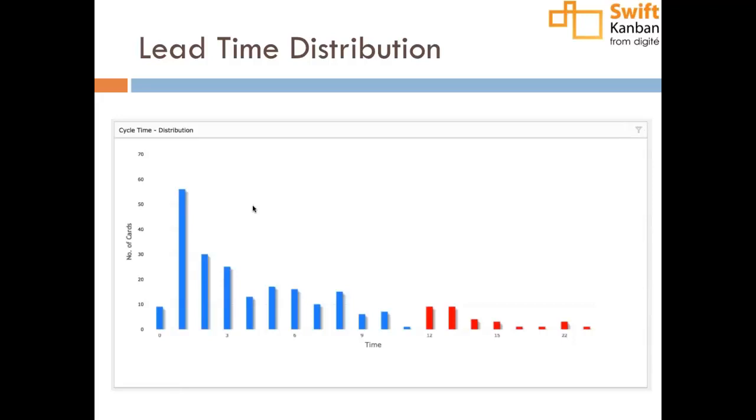The key to improving your system is to minimize the number of reds in the first case, and to make this system as heavy on the left as possible and the tail as small as possible. And if you do that, your predictability goes up, your flow will improve. I mean, this is really a health chart. The longer the tail, the worse off you are.